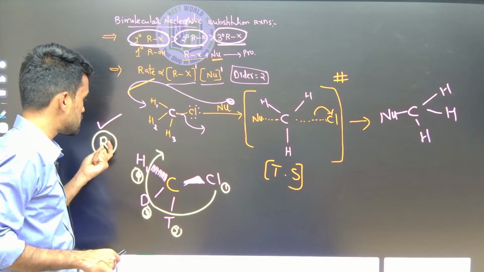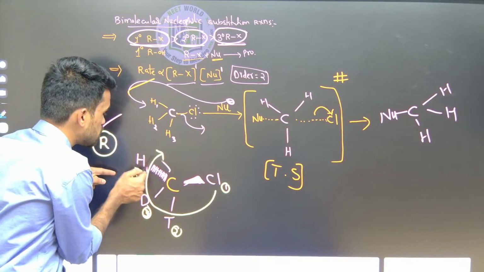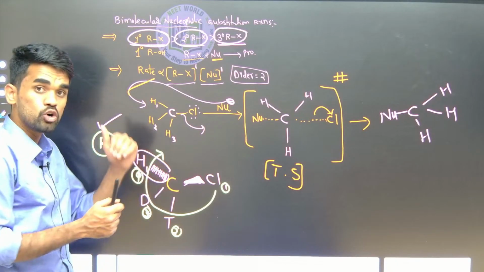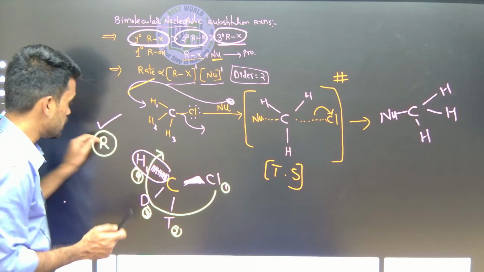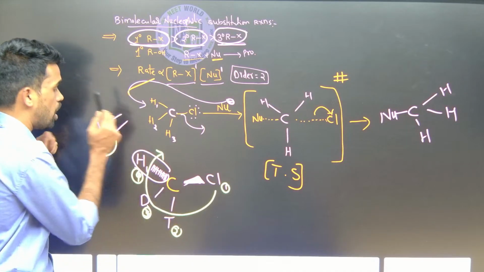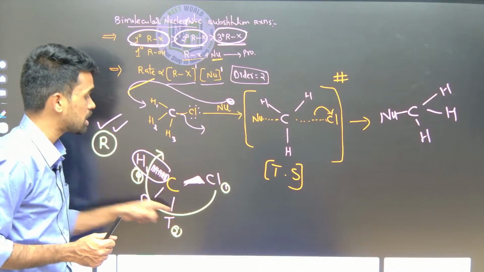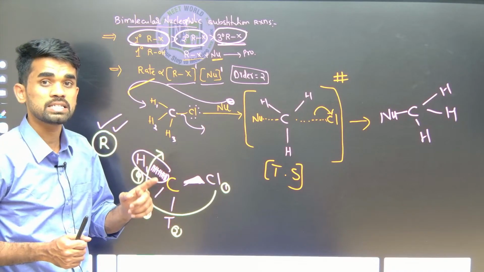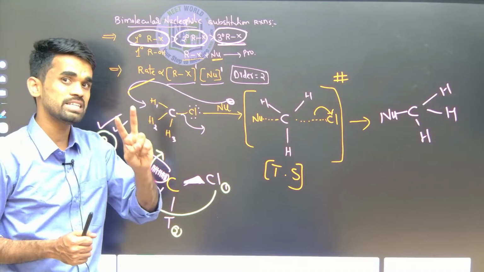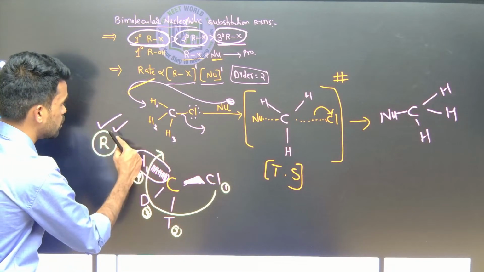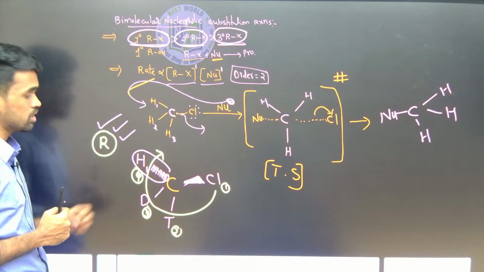When it is clockwise, our least priority group, this fourth priority group, should be below the plane, like a dashed line below the plane. Then if it is clockwise, you should say R. If the least priority group is above the plane with this clockwise direction, you should say it is an S configuration. There is something called RS configuration. It is clockwise direction now, so you can say it is an R configuration substrate.